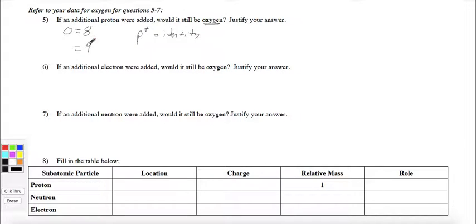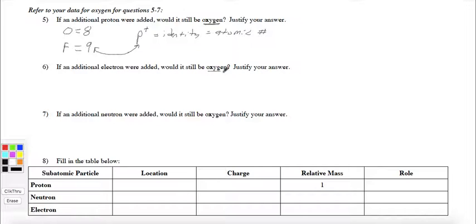So if we go from 8 to 9, no longer do we have oxygen, but we have fluorine. Remember that the number of protons is also the atomic number on the periodic table. So we can go to the periodic table and figure out what element it is by looking at the number of protons.